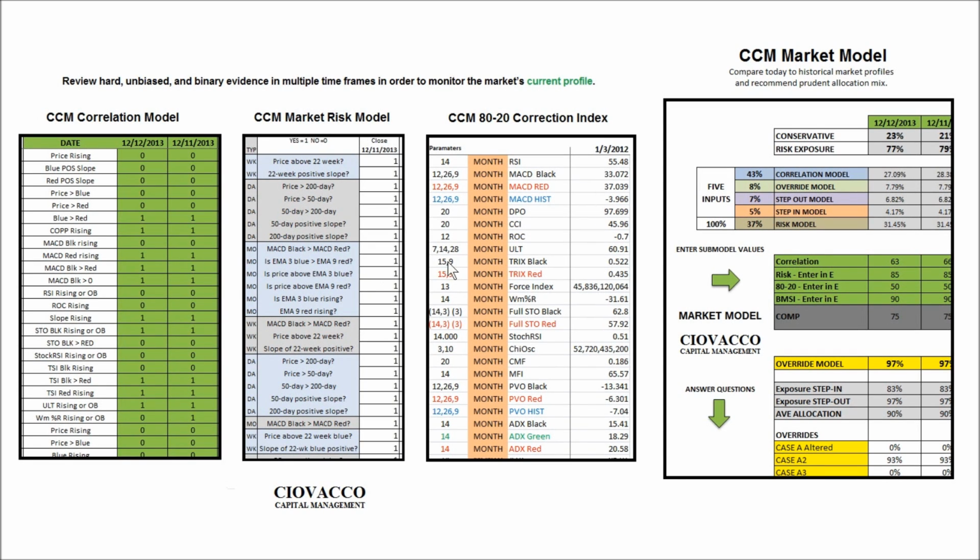The submodels allow us to get a handle on the market's current profile, and the master CCM market model then looks at the current profile, compares it to past profiles, and recommends a prudent allocation between risk assets such as stocks and conservative assets such as bonds. Conservative assets can consist of cash, bonds, currency, or any number of investment options.